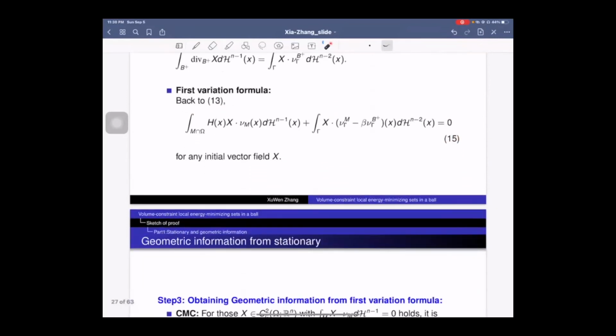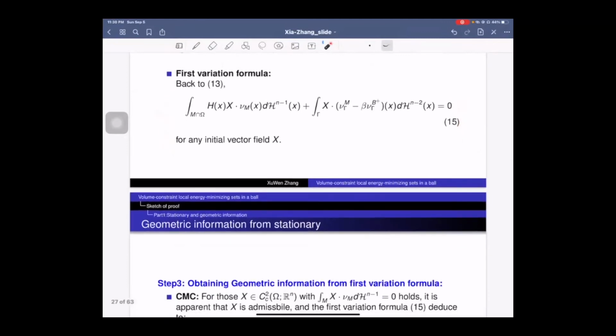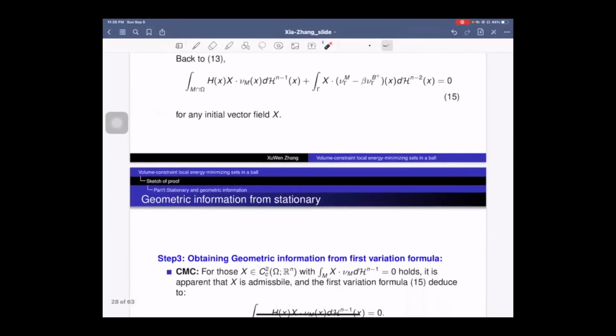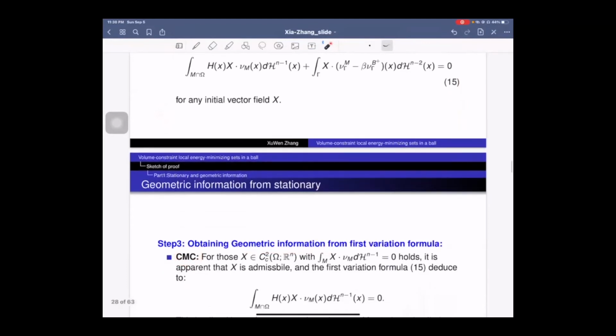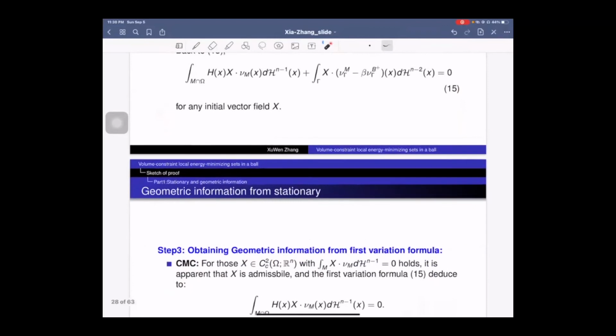And from this first variation formula, we want to derive the geometric information. Let's first deal with the interior CMC. Now we take any X with compact support inside Omega, and with the integration vanishing.